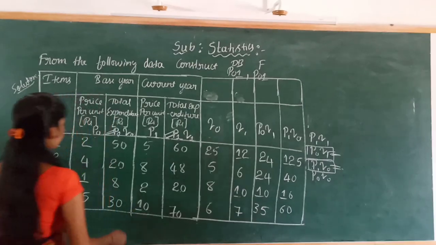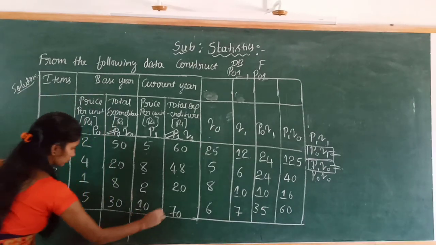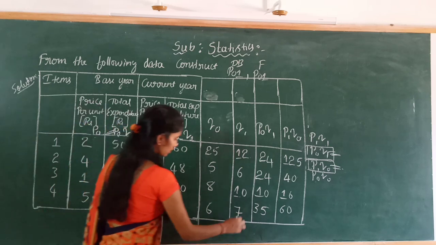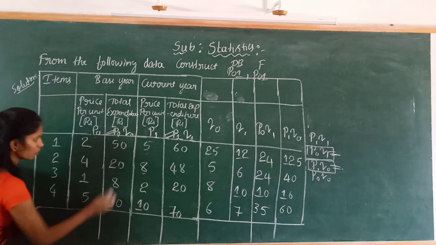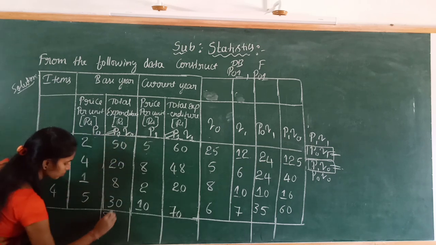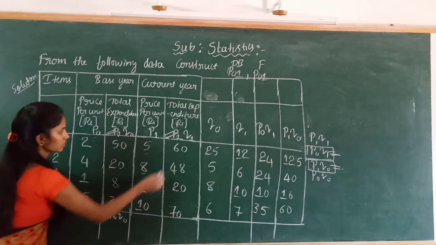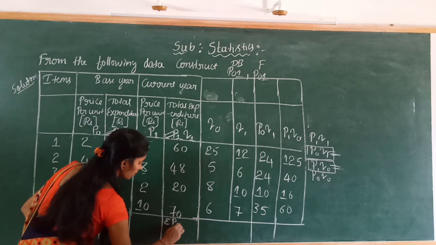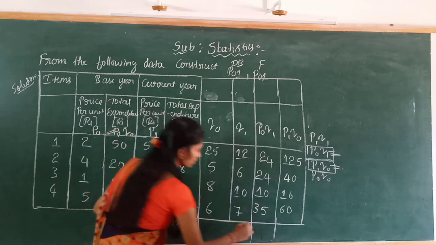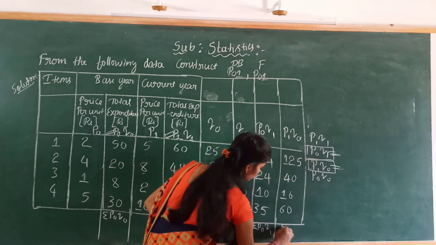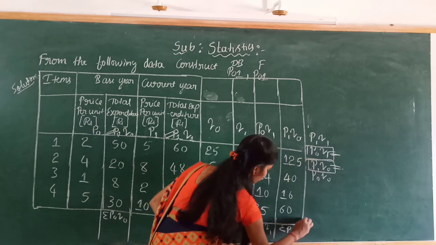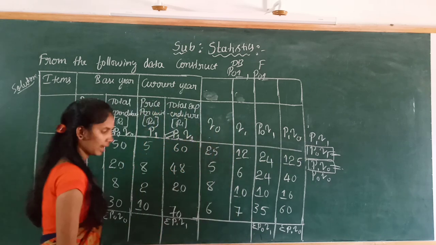So you have to add only those summations: summation P0, Q0, next summation P1, Q1, next summation P0, Q1, and the other one is summation P1, Q0. So add the values.